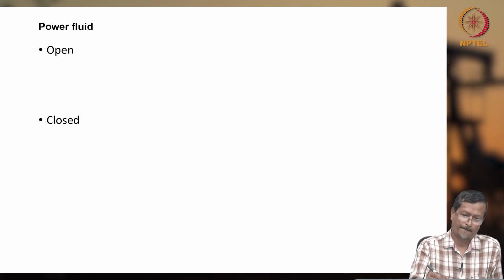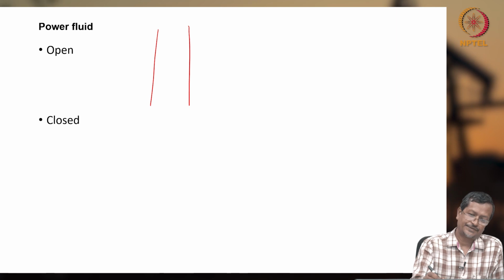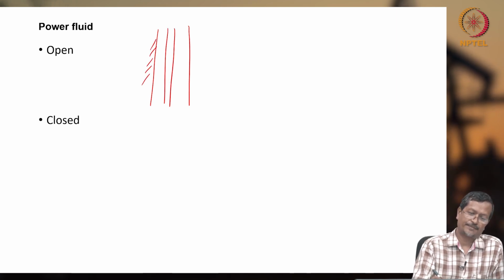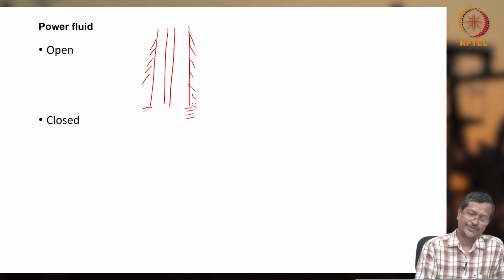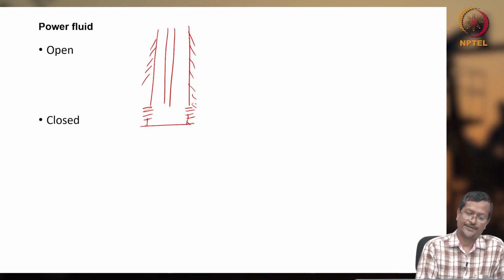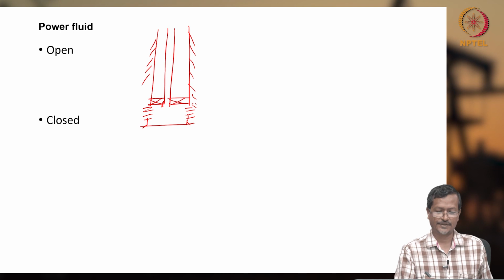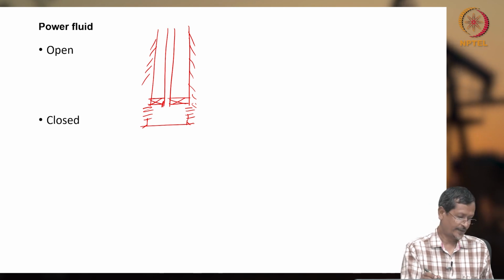How is it working? This is my casing, this is tubing, so casing is cemented here. Okay, then perforation is here, my tubing is here, so let's put a packer here. Okay, so the annulus is sealed now, there is no flow through the annulus.